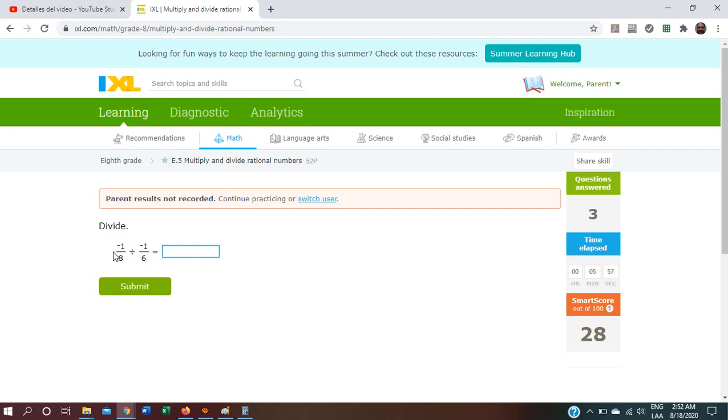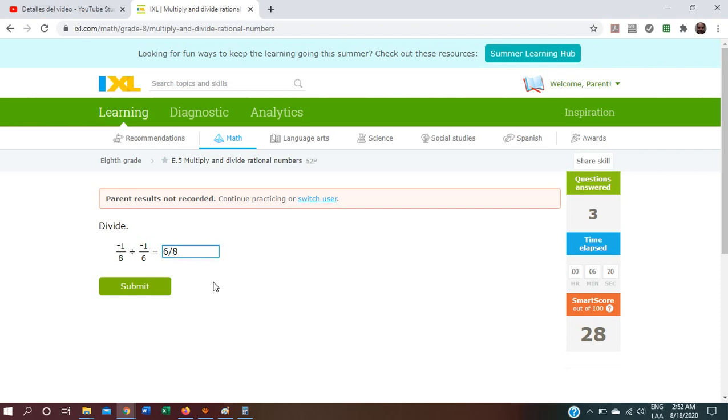So this is negative divided by negative. The answer is going to be positive. But it is a division, so it has to be crossed. So 1 times 6 equals 6, and 8 times 1 equals 8. So it can be reduced and the answer will be 3/4.